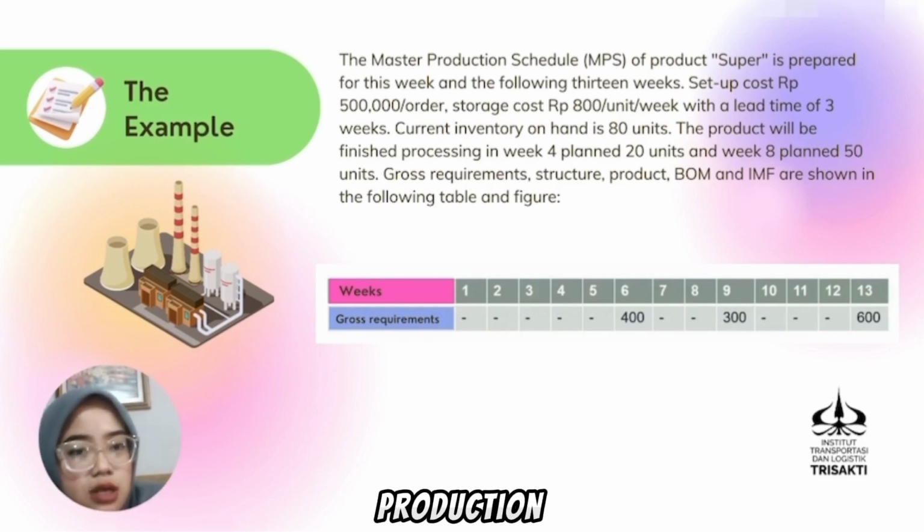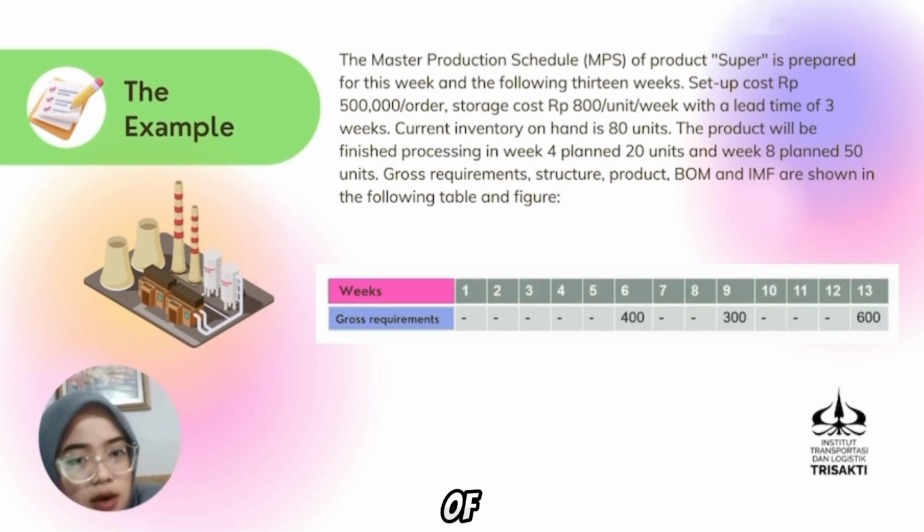The master production schedule, or MPS, of product Super is prepared for this week and the following 13 weeks. Setup cost is 500,000 rupiah per order. Storage cost is 800 rupiah per unit per week.